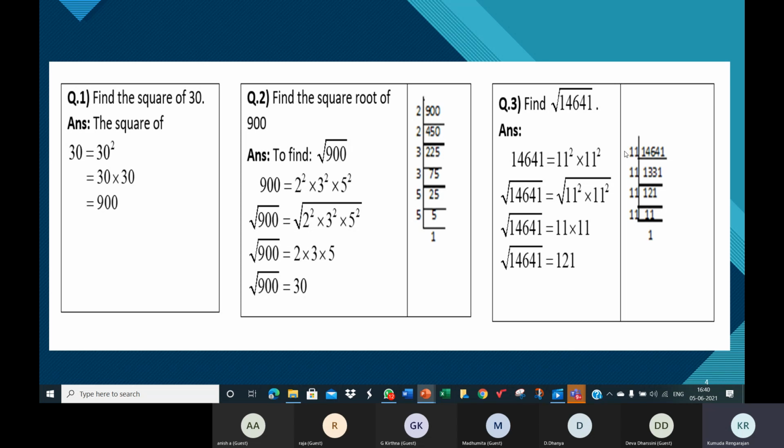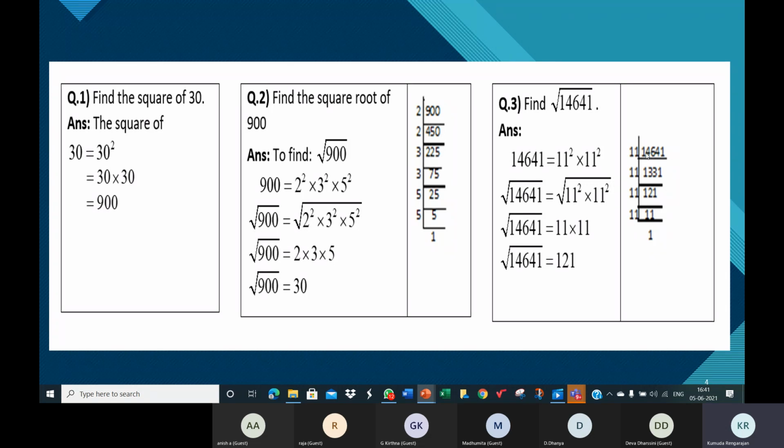Then try by 3. It's not divisible. What's a test of divisibility for 3? Ma'am, the sum of all the numbers should be divided by 3. Yeah, if the sum of the digits of a number is divisible by 3, then the whole number is divisible by 3.